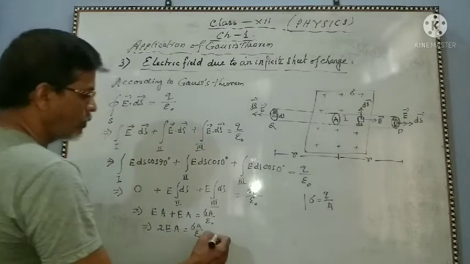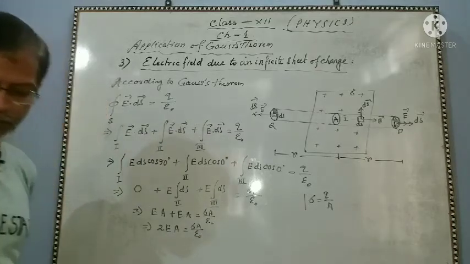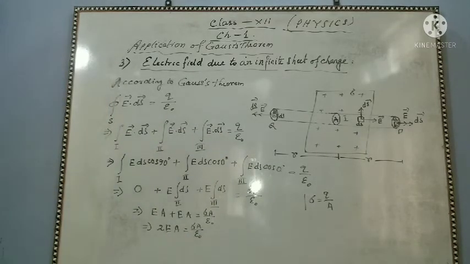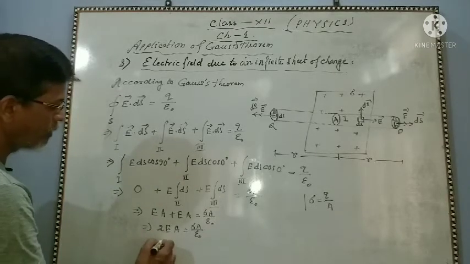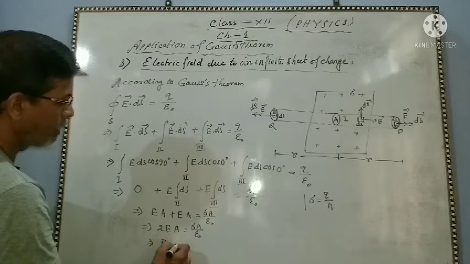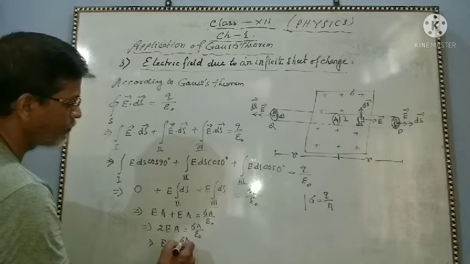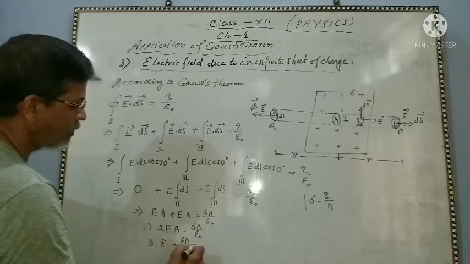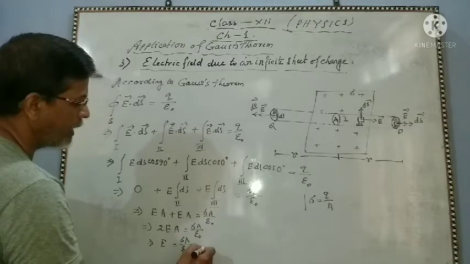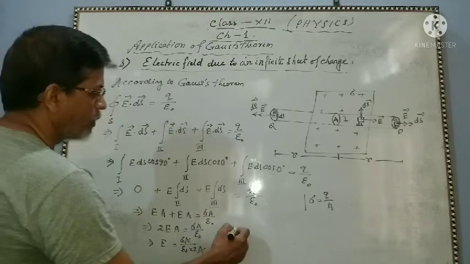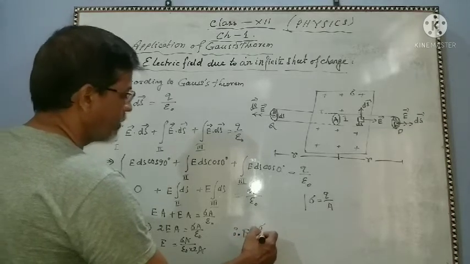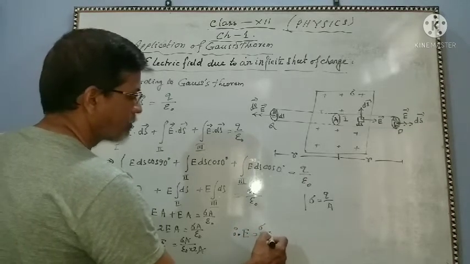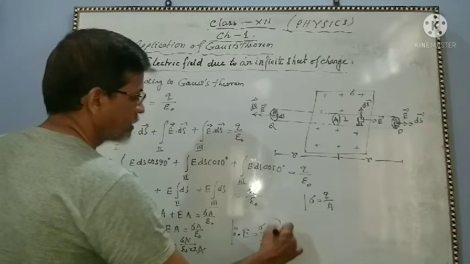So E equals sigma A by epsilon naught into 2A. A cancels. Therefore E equals sigma by twice epsilon naught. This is the expression.